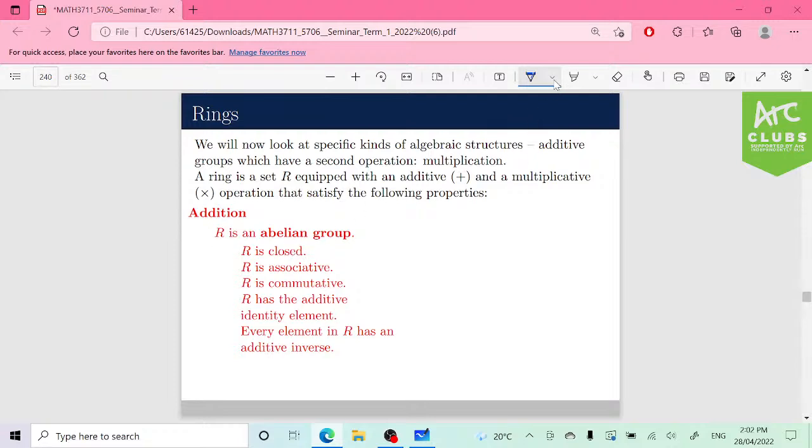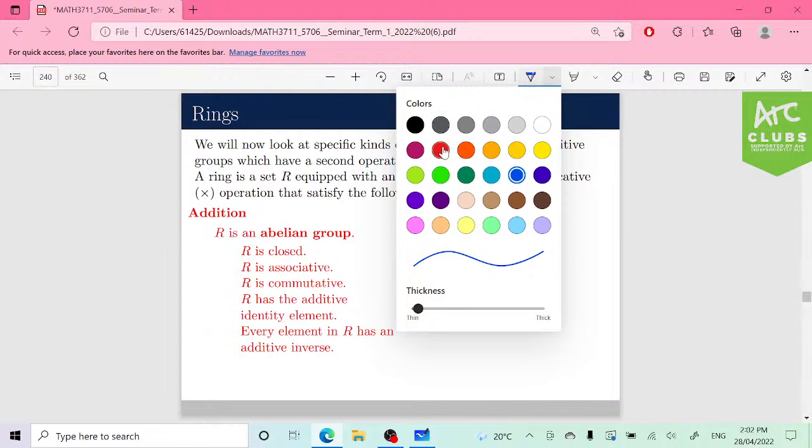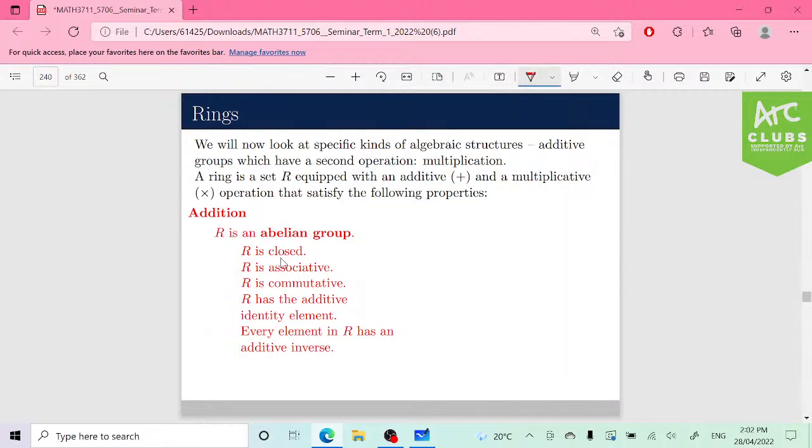So from our characterization of groups, we require R to be closed under addition, associative under addition, to have the additive identity element, and every element must have an additive inverse. That's enough for R to be an additive group. But we also require R to be abelian, meaning that it requires the commutative property as well.